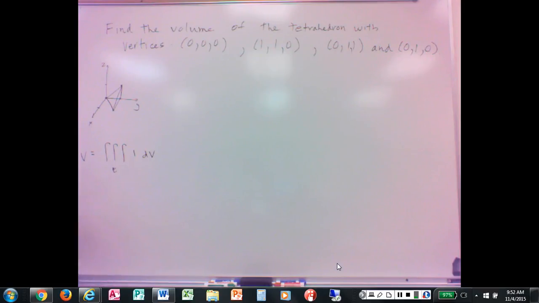Well, if we look at it again, approaching it as starting from the xy plane and going up to this tilted plane surface, we can do our z's from the xy plane, 0, to that plane, right?